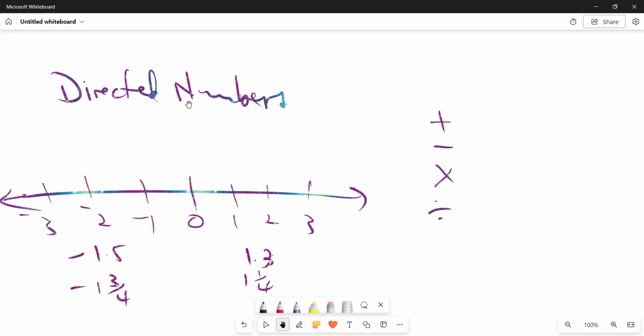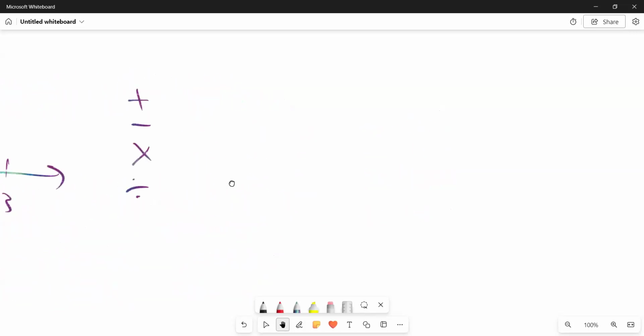So again, I said, if you can't grasp the rules, use your calculator, right? Negative numbers can be fed into your calculator very easily. But the rules, I think I explained some examples.